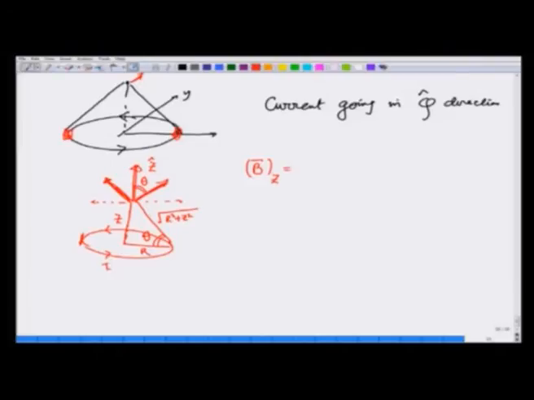So, you can see that the B z component is going to be integration dl prime, since the direction of current and the vector r minus r prime are perpendicular.